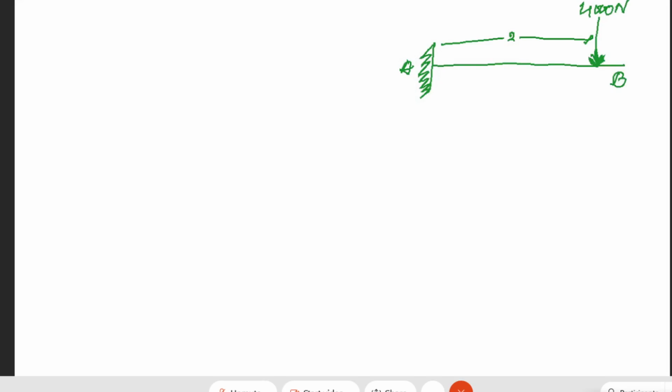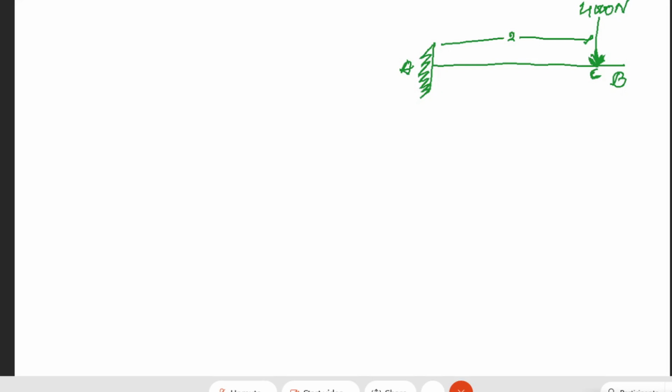Let's say this is point C. Now, for the equilibrium of this cantilever, what should the reaction of the cantilever be?